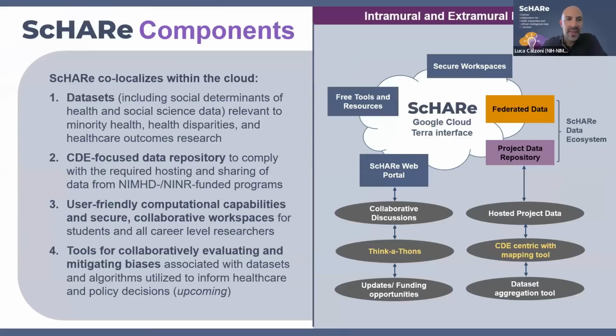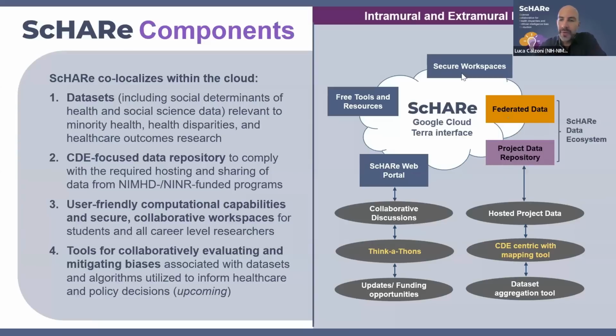In terms of components, ScHARe co-localizes within the cloud datasets, including social determinants of health and social science data that are relevant to minority health, health disparities, and healthcare outcomes research. A second important component, which is going to be launched soon, is the CDE-focused data repository that we just developed. That repository allows compliance with the required hosting and sharing of data from NIMHD and NINR, which is our partner institute, funded programs.